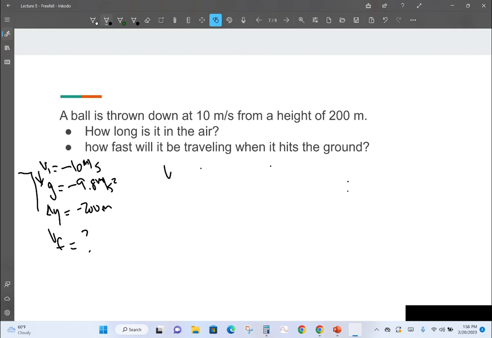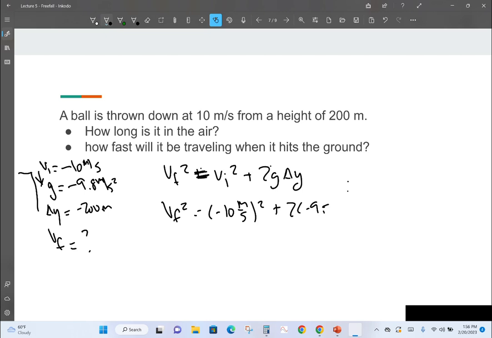So I'm just going to use VF squared equals VI squared plus 2G delta Y. So VF squared equals negative 10 meters per second squared plus 2 times negative 9.8 meters per second squared times negative 200 meters.